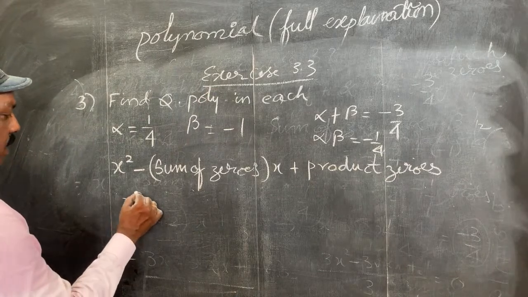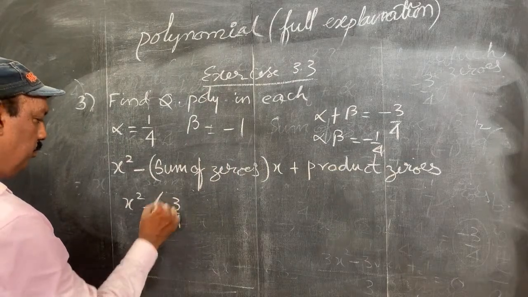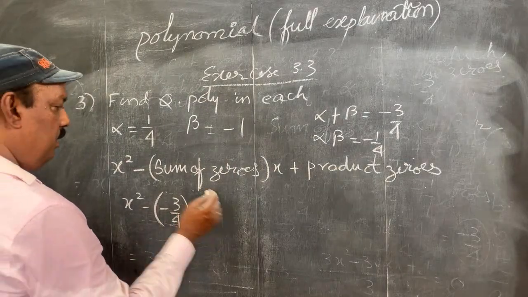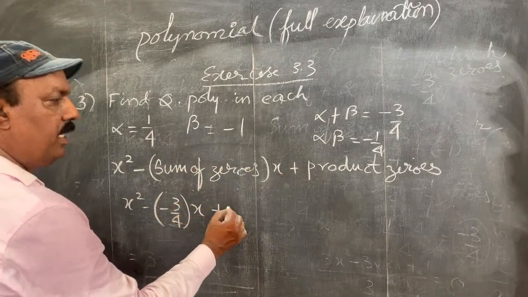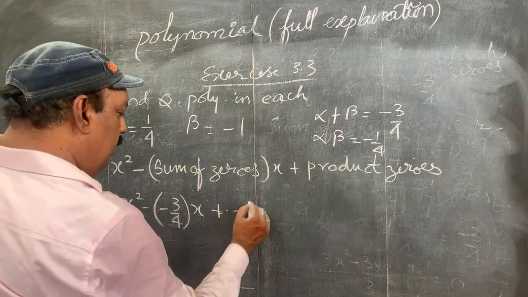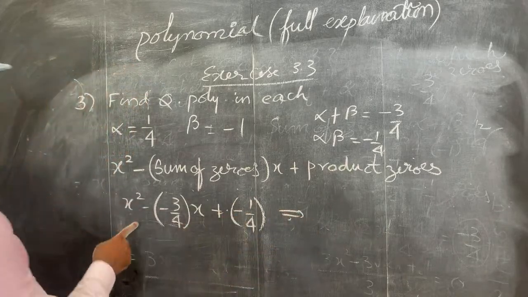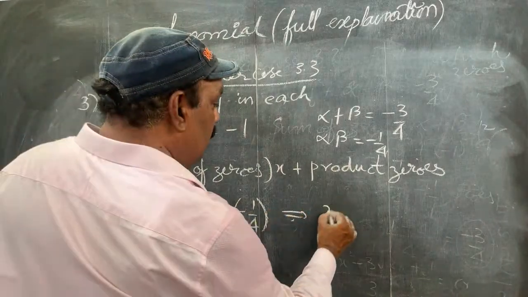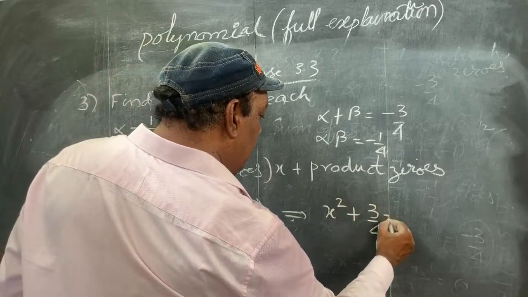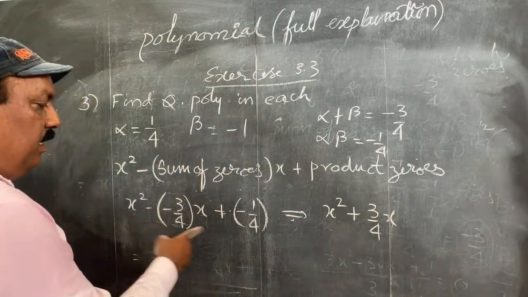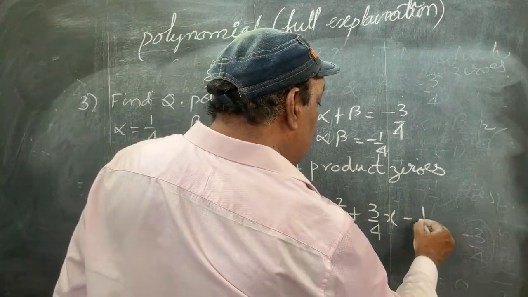According to this formula, in the sum of the zeros place I kept minus 3 by 4, into x. Then the product of the zeros is minus 1 by 4. Here minus into minus is plus. So x square plus 3 by 4 x, because minus into minus. Here again minus into plus, you will get minus 1 by 4.